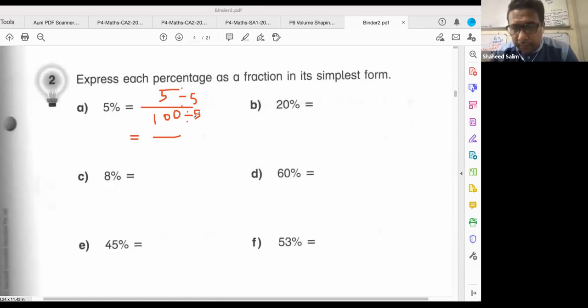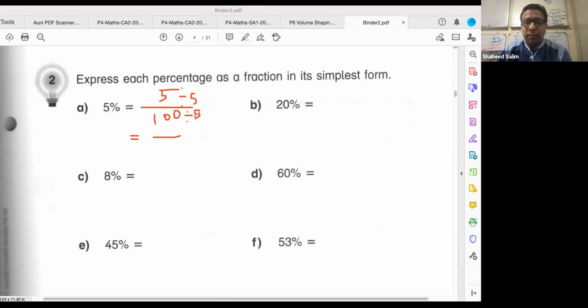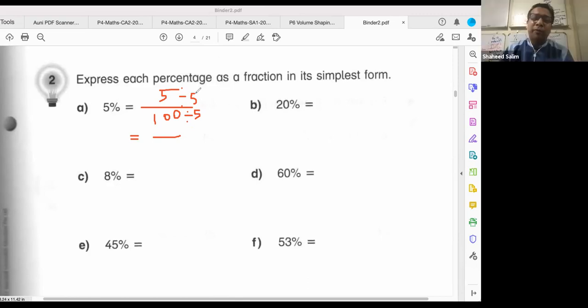Okay, let us see. Who is this? Raidi. 5 over 50, which one is it? Oh, that's number 1. Number 1 cannot be right. How come you divide by 5, you get 5? How come 100 divided by 5, you get 20? Brain malfunction. Sorry.